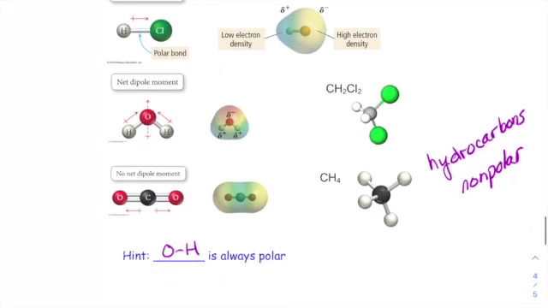If you have an OH, that's polar. Every time. Same with an NH, but to a lesser extent. But if you have an OH in a molecule, you're going to have a polar molecule.